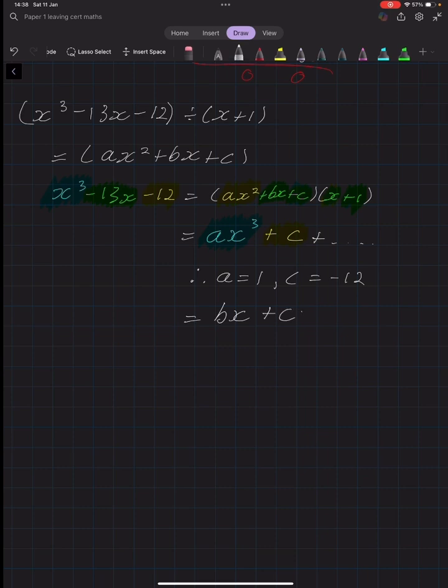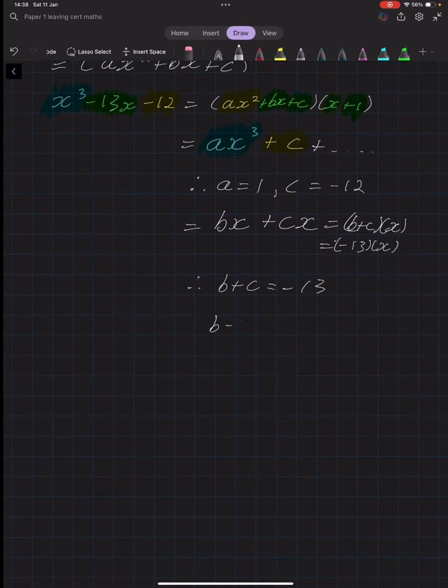So it's plus cx. So this equals b plus c multiplied by x, and this must be equal to minus 13x. Therefore, b plus c has to equal minus 13. That means that b minus 12 equals minus 13, and therefore b equals minus 1. So those are your answers, and therefore the answer is going to be x squared minus x minus 12.